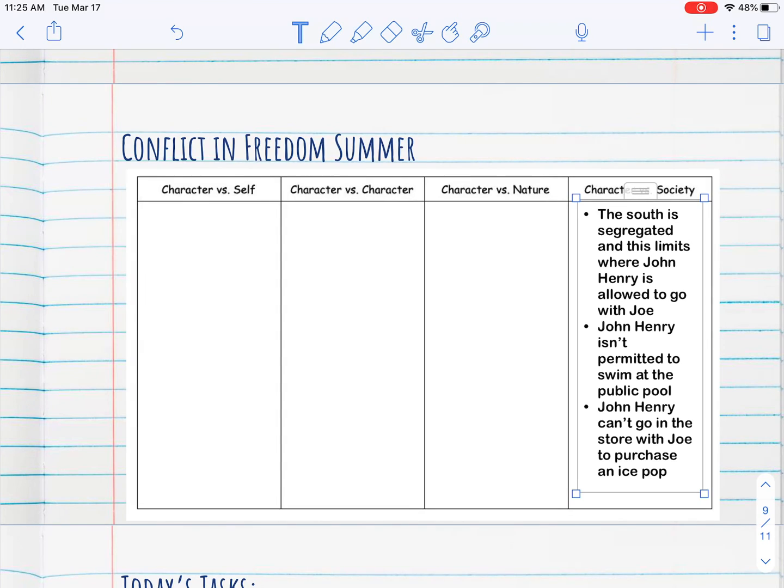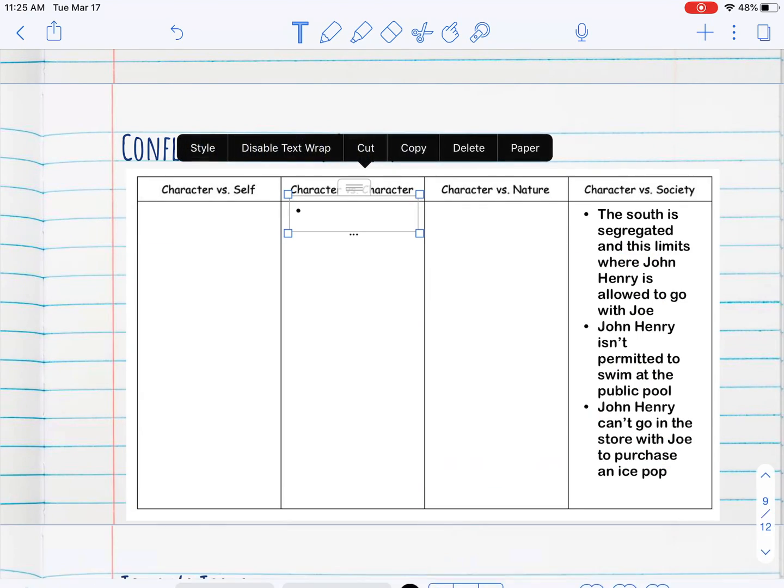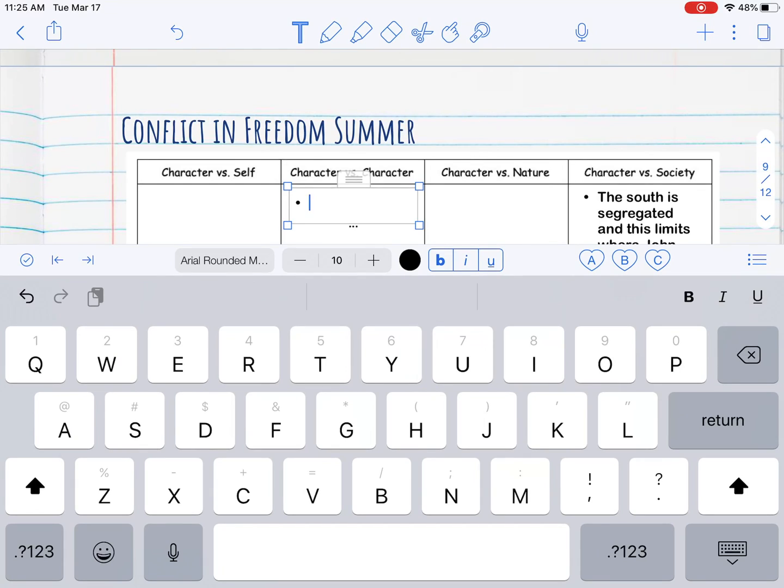Character versus nature, I don't really see any natural disasters or like tornadoes or anything like that in my book with Freedom Summer, so you might not have any of those. Character versus character. We need to think back to the owner of the shop and how he treats John Henry.